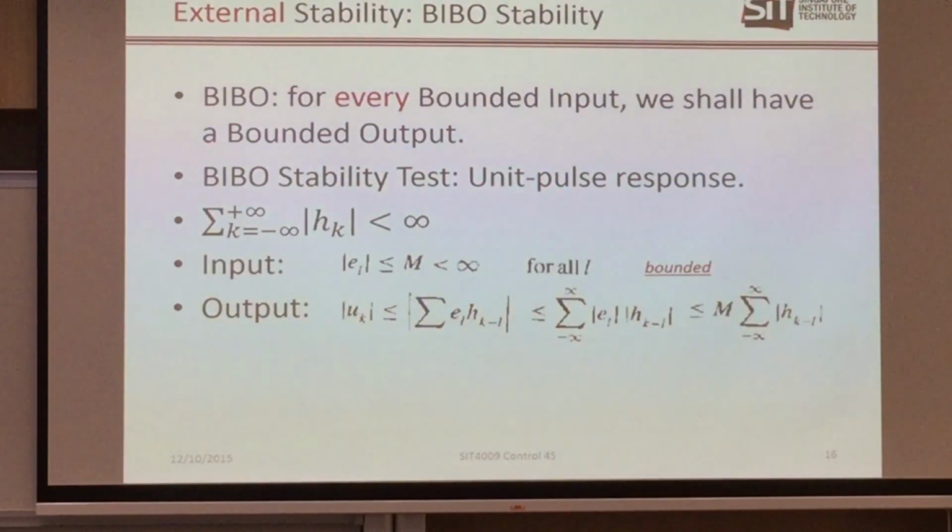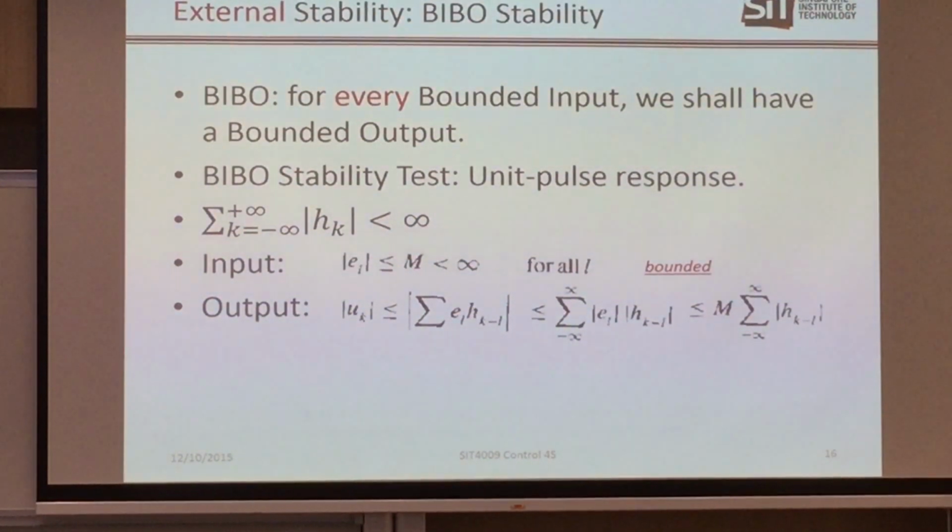Because BIBO is not talking about the impulse response; it's talking about whether your system will be stable when you have any bounded input. For example, the unit step is a bounded input. You input a unit step to the trapezoidal, you will get infinite when your time goes to infinity. So the system becomes unstable.